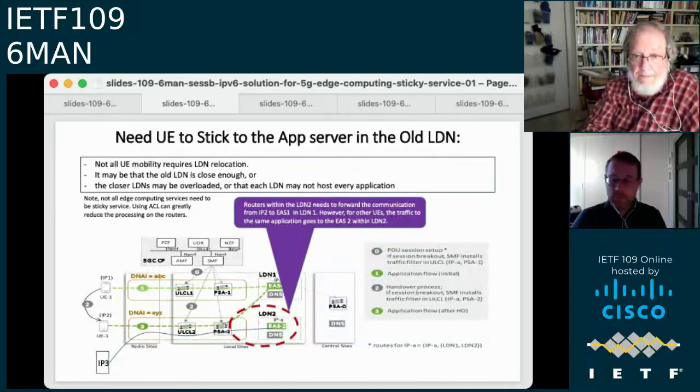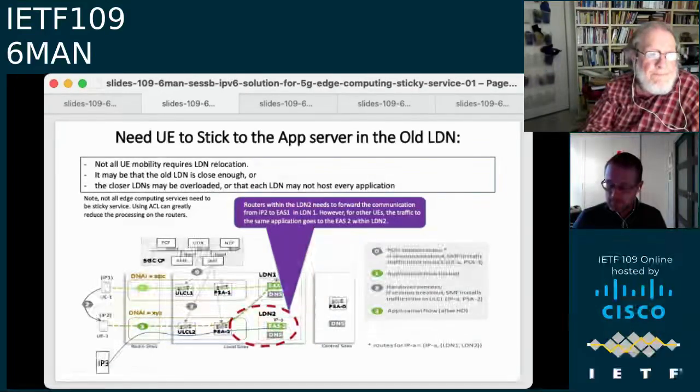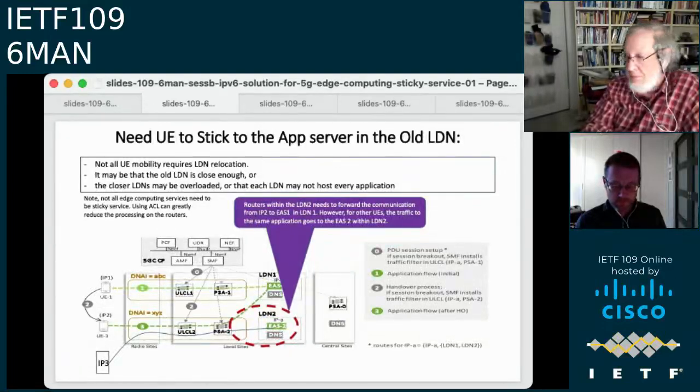If you look at local data network 2, there will be much traffic from different UEs, different users, or different applications, and even the same user may have multiple applications. All those users may resolve to, for example, IP3, anchored to edge application server 2, versus the newly migrated UE1, which needs to go to LDN1.